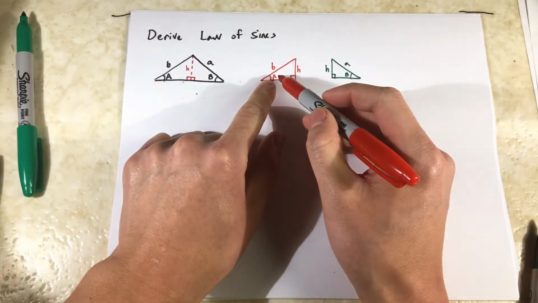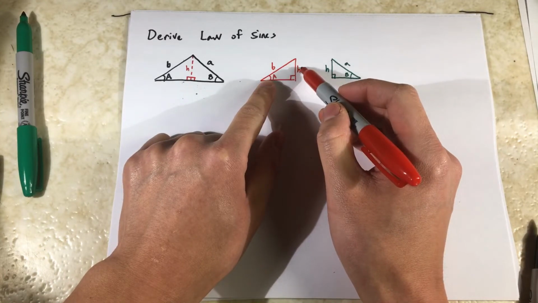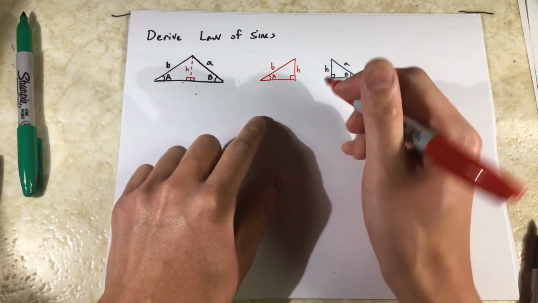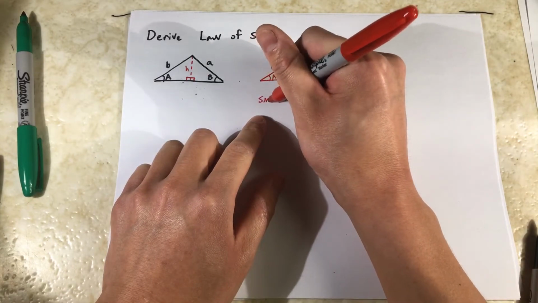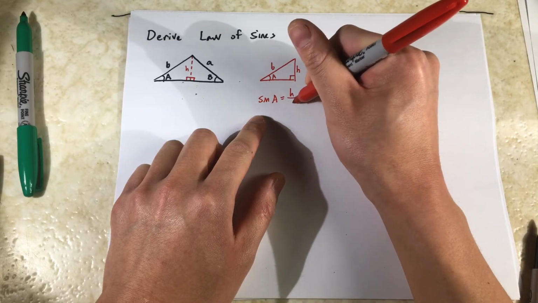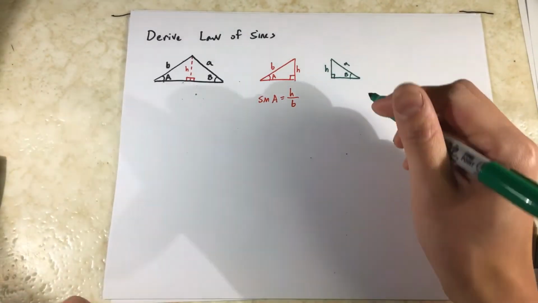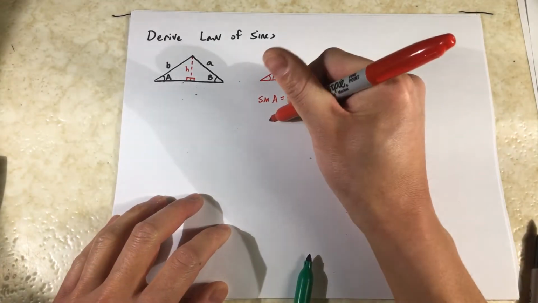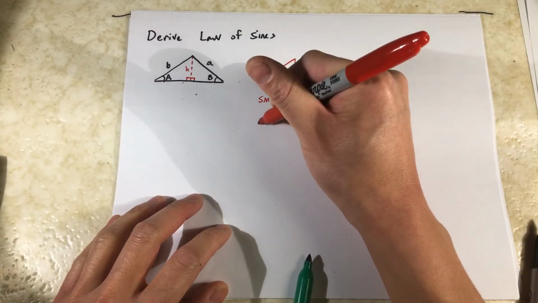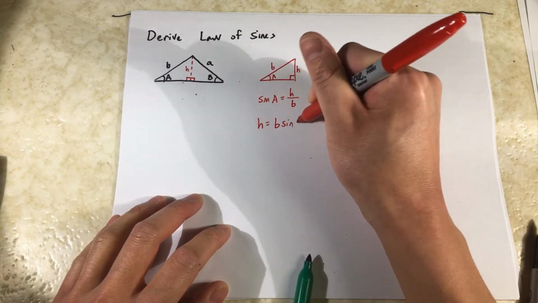So here I have angle A, the opposite side, and the hypotenuse. So that leads me to think that I can use sine. So sine of A is equal to opposite H over hypotenuse B. And over here, I'll solve for H. So if I multiply both sides by B, H is equal to B sine A.